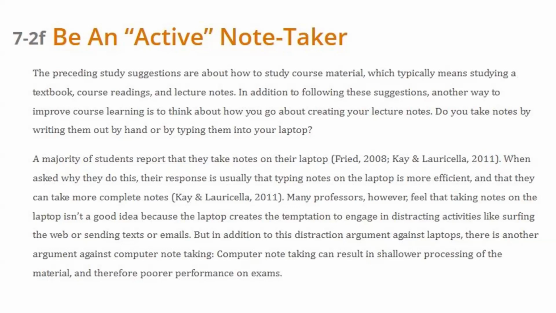That's what being an active note taker means. So if you're highlighting, that's fine as a first step in your active note-taking procedure. What you want to do is then go back to those highlights and start engaging in the process of elaboration.